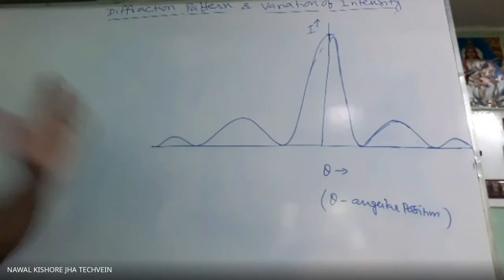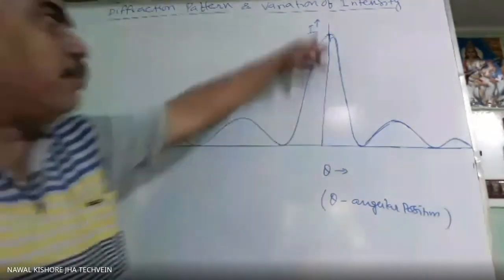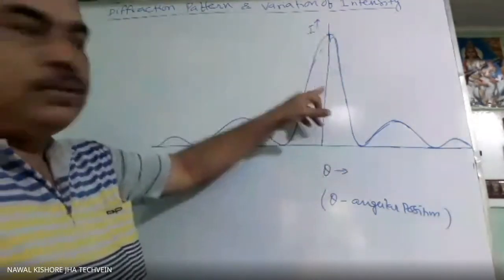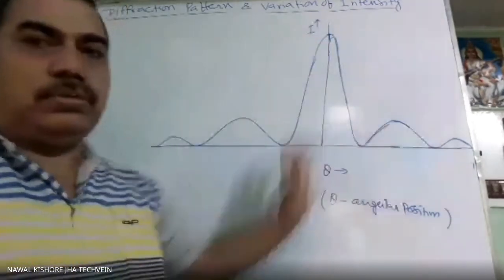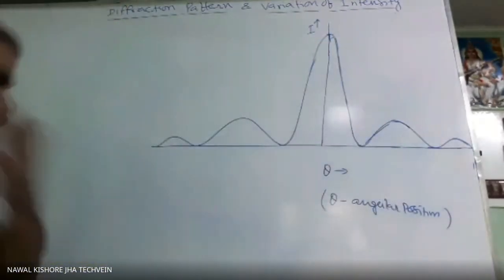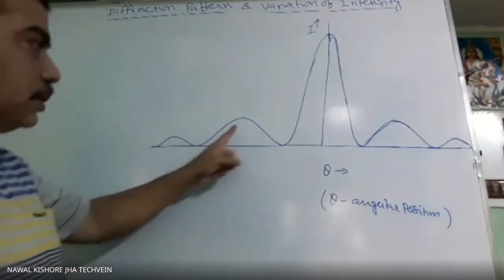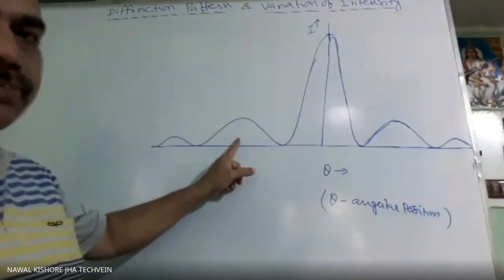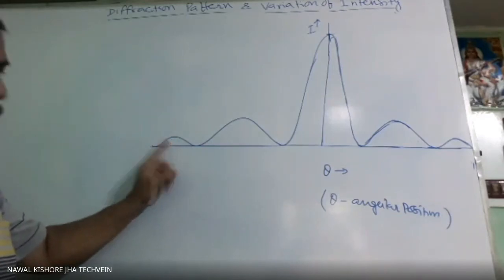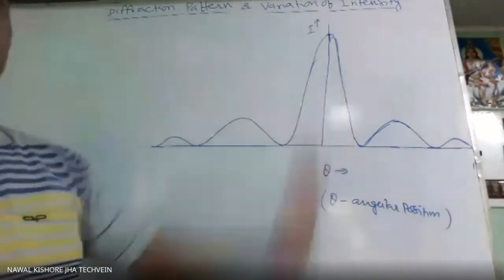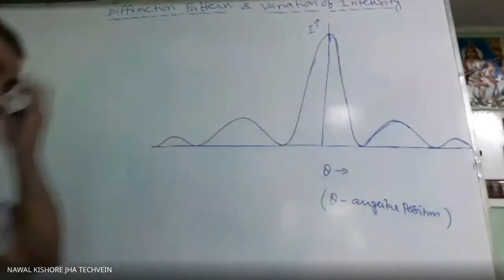From this graph it is very clear. See, this is the central maximum, so the intensity of the central maximum is very high in comparison to these two. This is the first secondary maximum. This is the second secondary maximum. So the intensity keeps on decreasing.